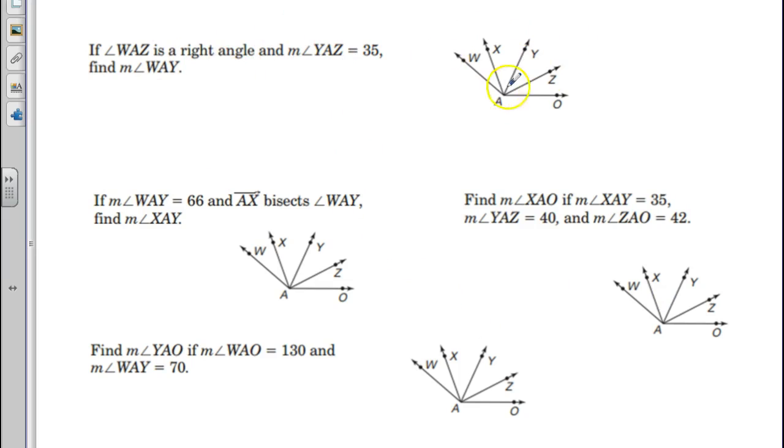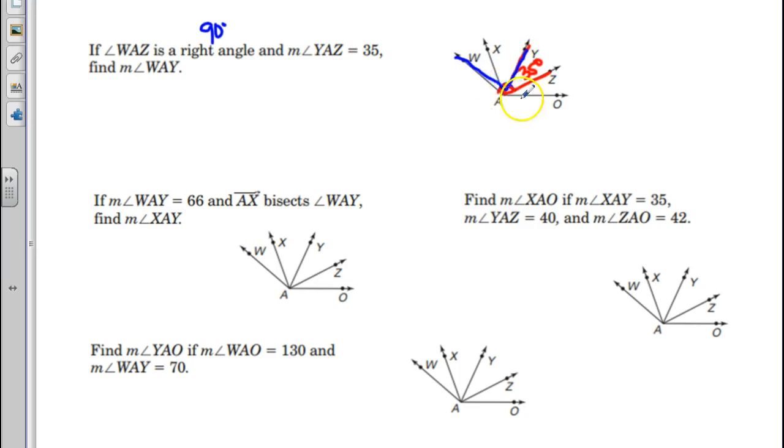All right, so WAZ is a right angle, so there it is. The measure of angle YAZ is 35. So what do you think you should do with this? If this is a right angle, which we know measures how much? That's right, 90 degrees. And then we have a piece of it right here that's 35. What is WAY?